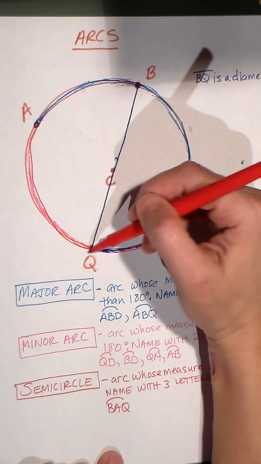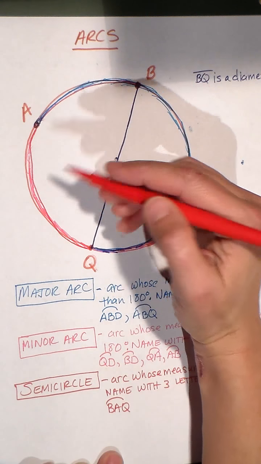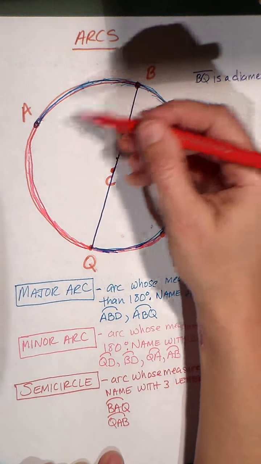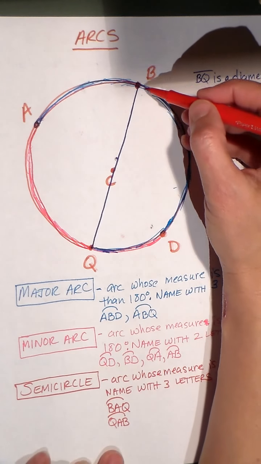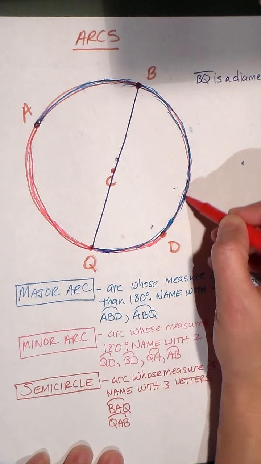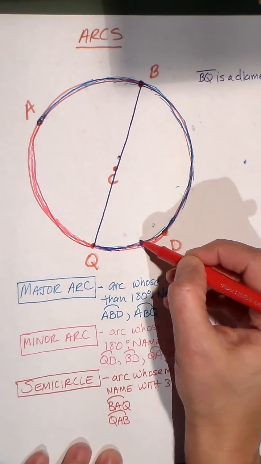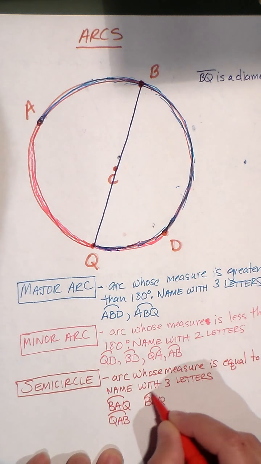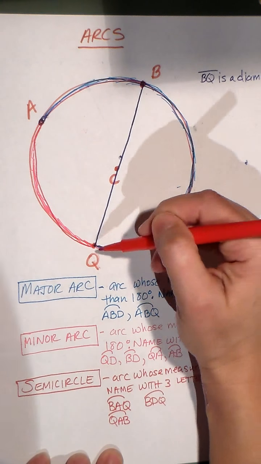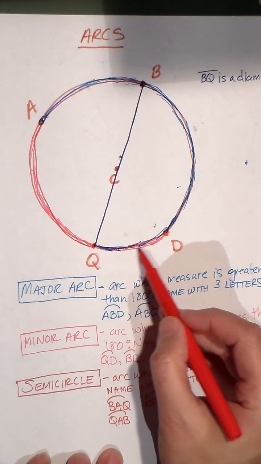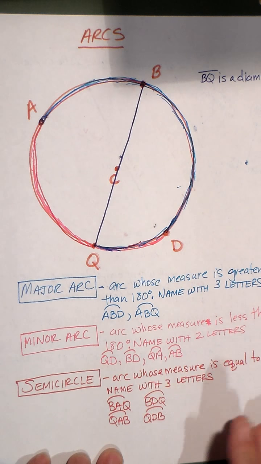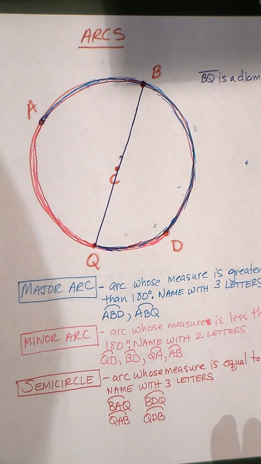That could also be QAB. You can name them in both directions. Then I'm going to look at arc B, D, Q. That's a semicircle as well. And then I can go QDB, which would be the same semicircle. And those are your 2 arcs that measure 180.